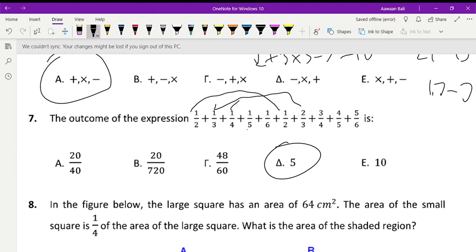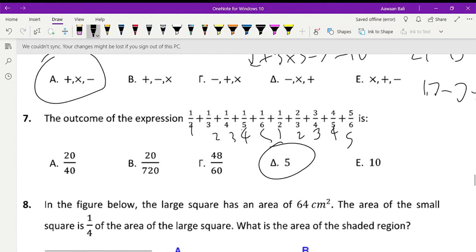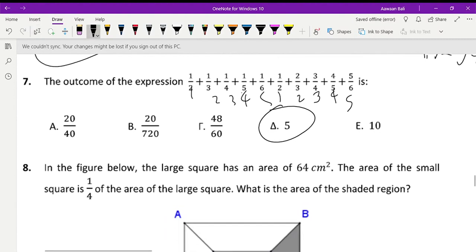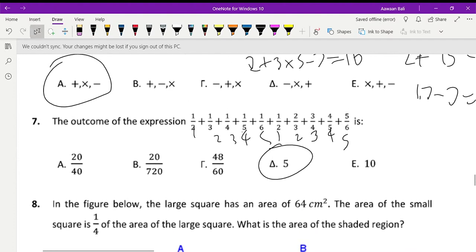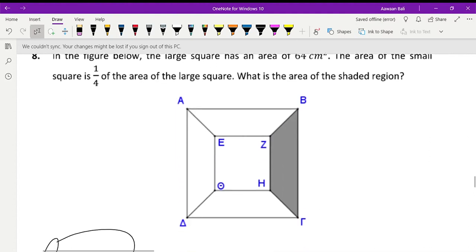So a fourth plus 3/4 is 4/4. This 2 and this 2. Basically, if you count the pairs, there's 1, 2, 3, 4, 5 pairs. So there's 5 ones. 5 times 1 is obviously 5, since anything times 1 is the same number. So therefore the answer is delta, 5.